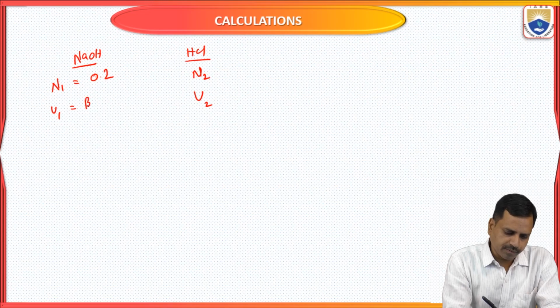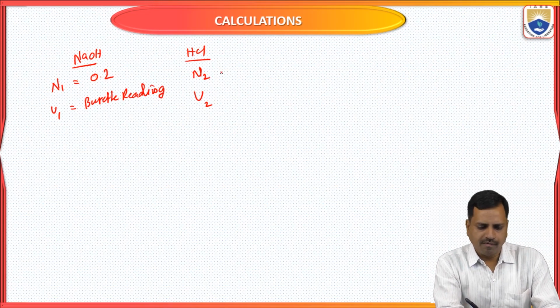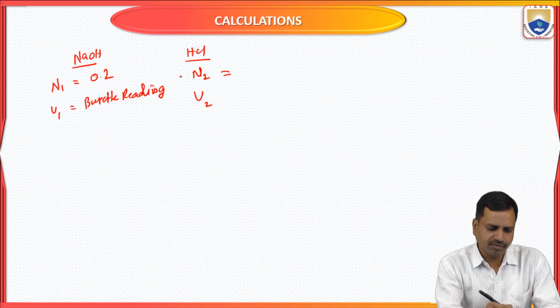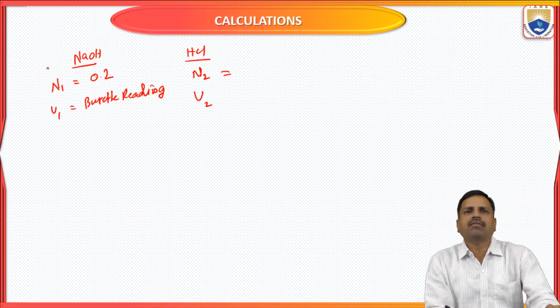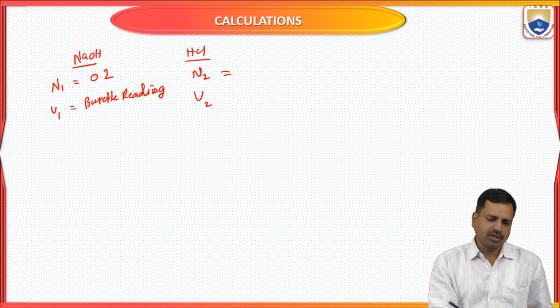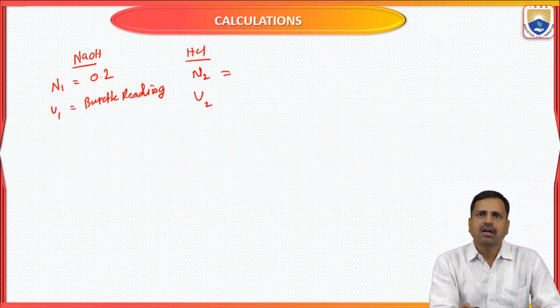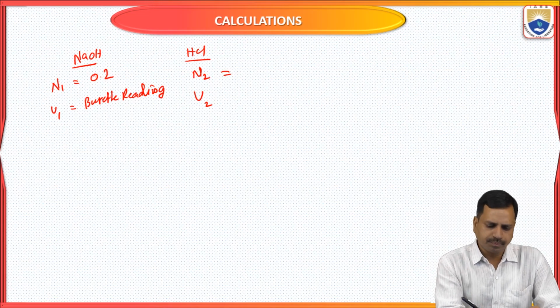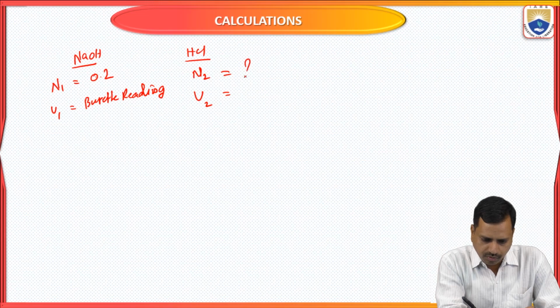V1 is the burette reading. On the left side, N1 and V1 all belong to the readings of NaOH. On the right side, all values belong to HCl, which we have to find out.